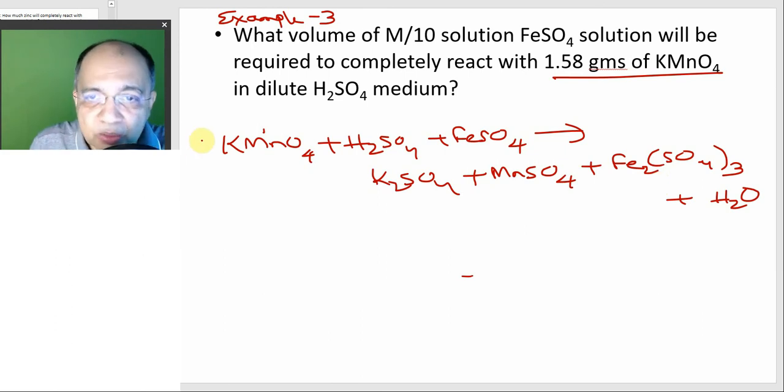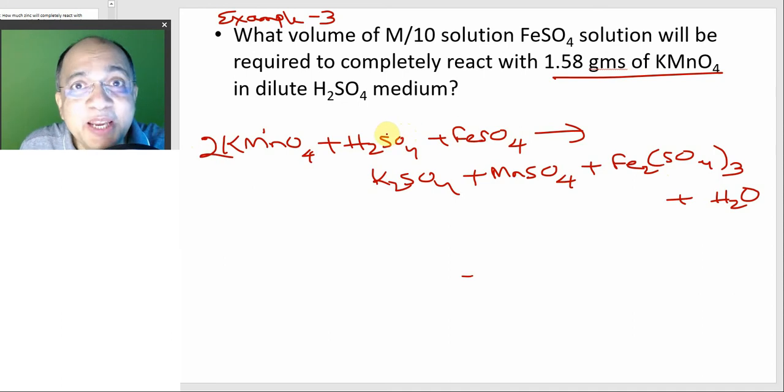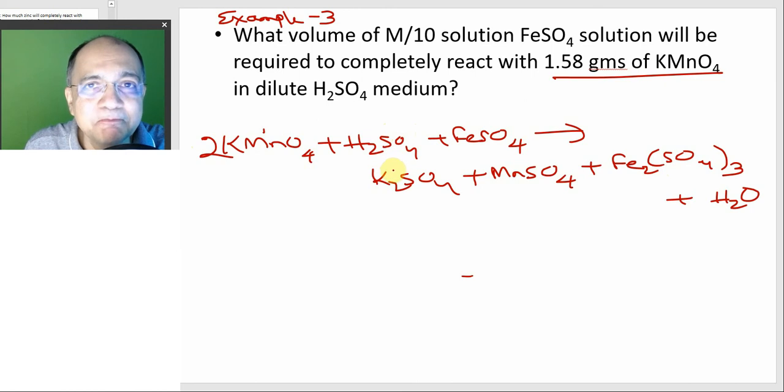Now on balancing, we will get this. I'm not spending time explaining the balancing techniques in acidic medium, the ion-electron method, the partial equation method, so many methods. If you are curious, please visit LOC, Language of Chemistry.